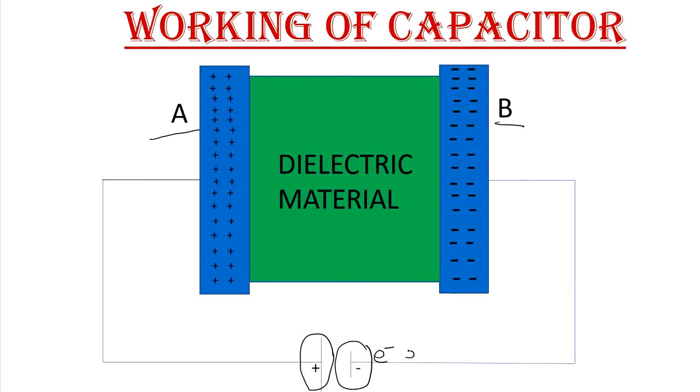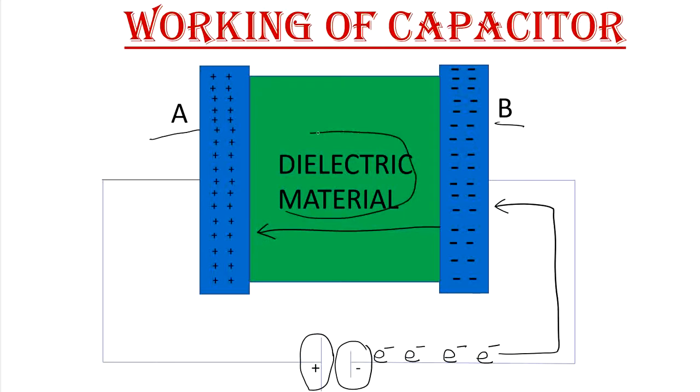So these electrons start flowing through this conductive path and reach plate B, which is also a conductive plate, but they cannot travel from B to A, as there is a dielectric medium between these two, and this dielectric medium works as an insulator which opposes any flow of current or electron through it.